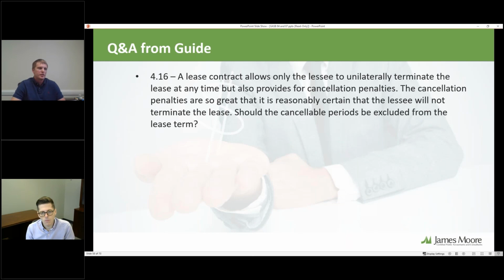So no, periods covered by either a lessee or a lessor option to terminate should be excluded from the lease term if it's reasonably certain they will not be exercised. So here in this situation, we've got a lessee-only option to terminate, and the option to terminate is reasonably certain not to be exercised. So since it's reasonably certain not to be exercised, the answer here is no.